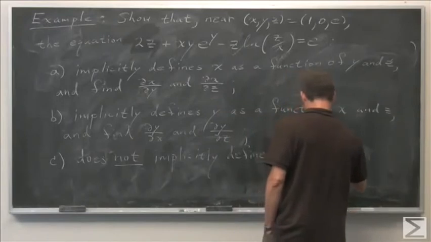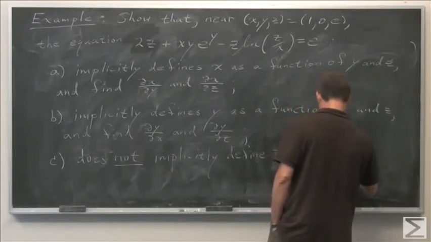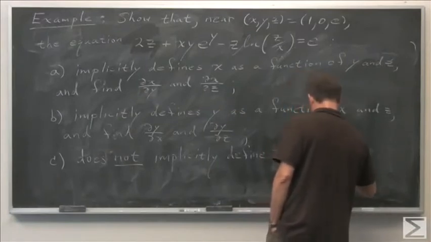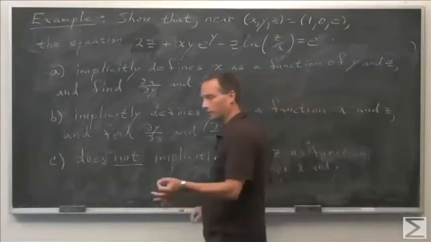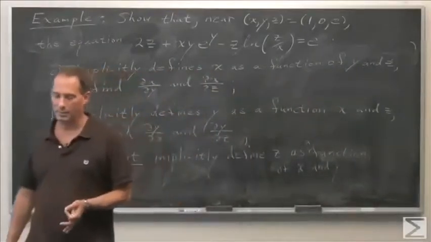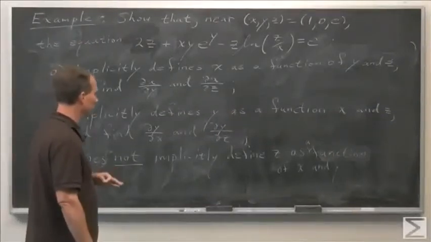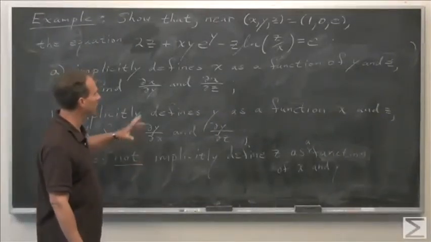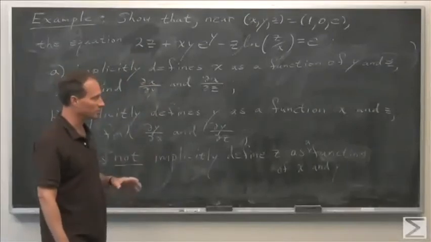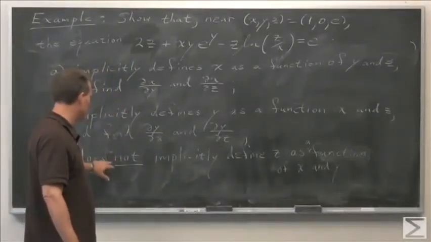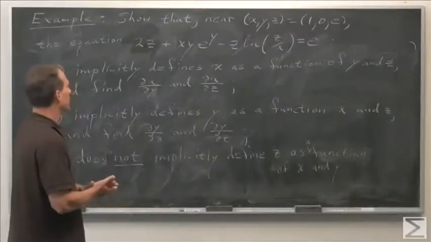At least not as far as being able to use the implicit function theorem to conclude it. It's conceivable that while the hypotheses of the implicit function theorem aren't satisfied, that somehow you can solve for z here in terms of x and y. Conceivable. But we really mean here that the implicit function theorem doesn't tell us that we can.